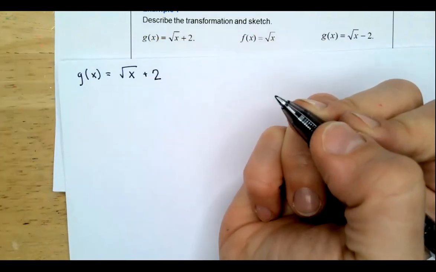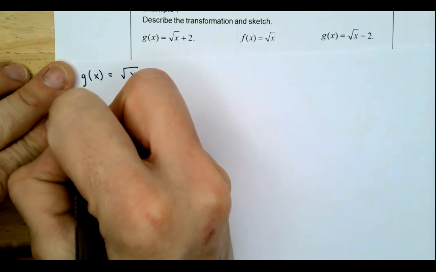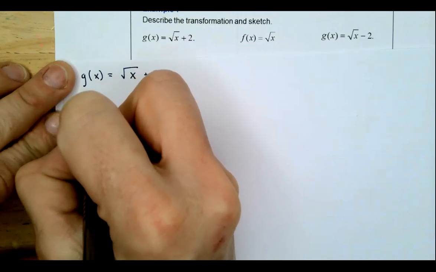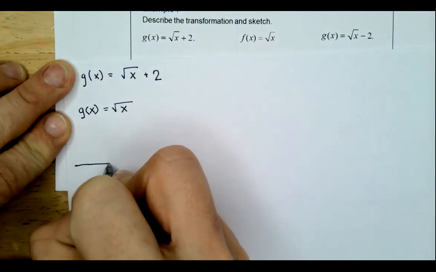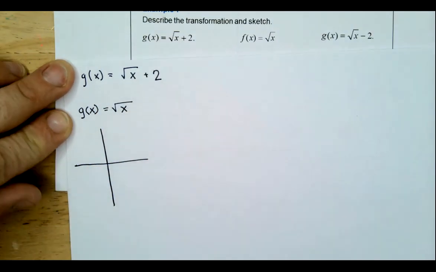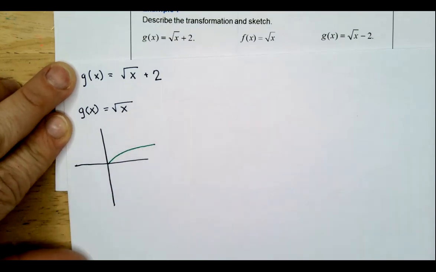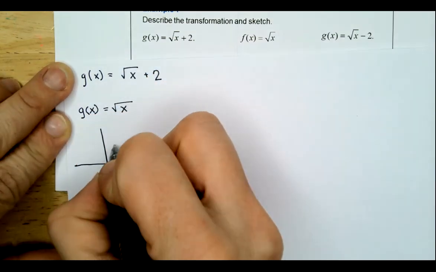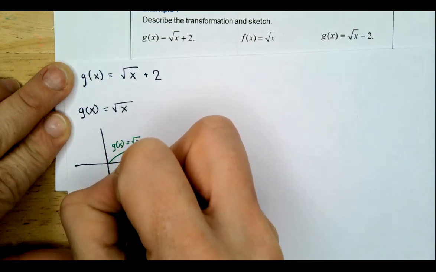After 3.2, we have memorized what the square root of x looks like, right? So our parent function, or the common function, is just g of x equals the square root of x. That graph looks like this, right? That's g of x is the square root of x.